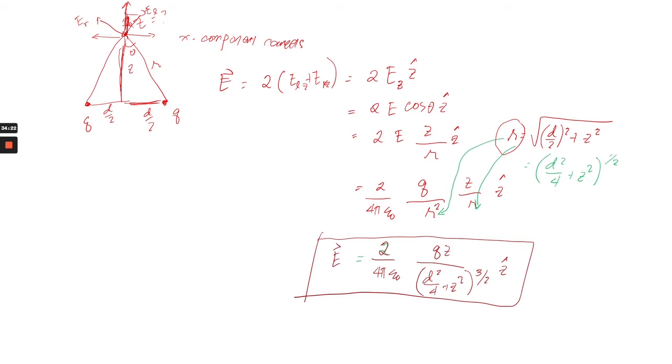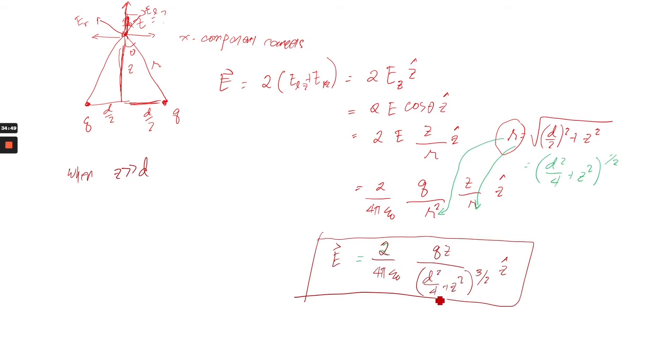Okay, so now our question is, let's check what happens when z is much greater than d. What will happen to this equation? If z is much greater than d, then this term is very negligible.